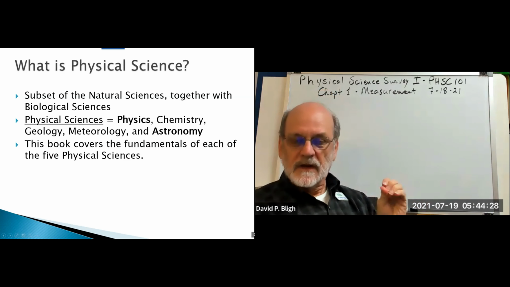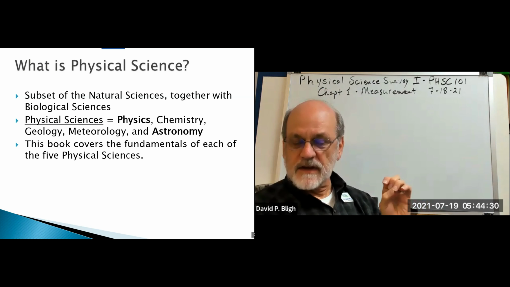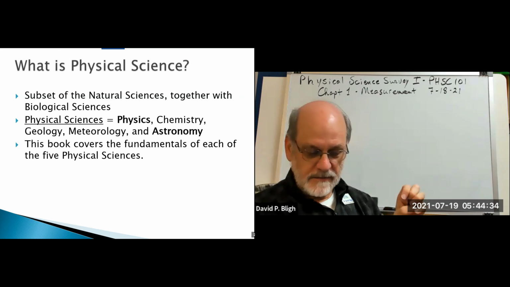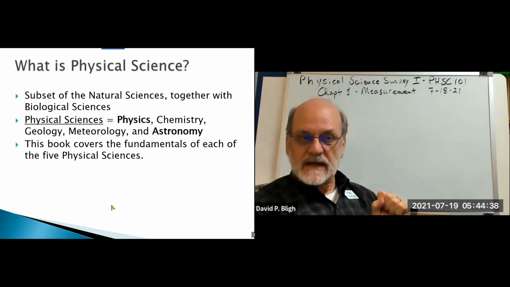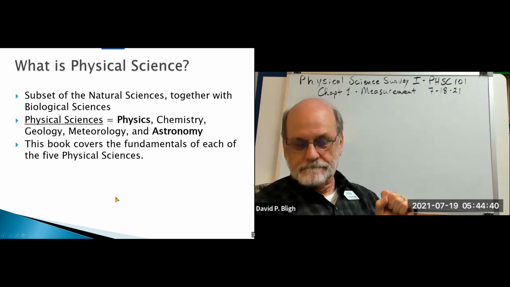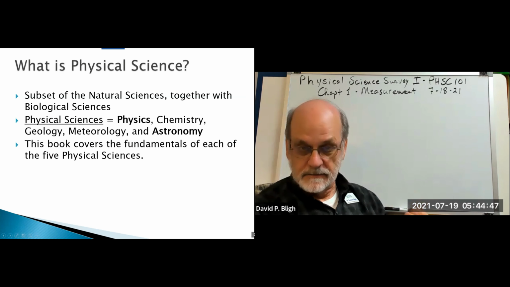Okay, for this course, we're discussing physical science. And physical science, for our purposes, is a subset of the natural sciences. There are various types of natural sciences. One of them might be biological.